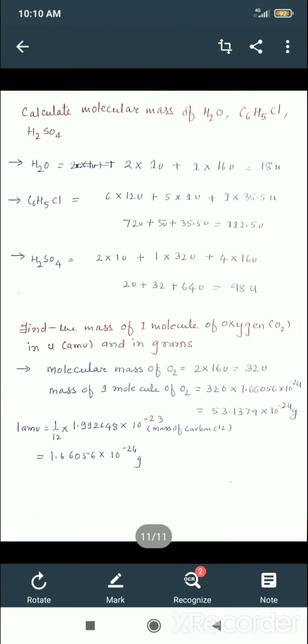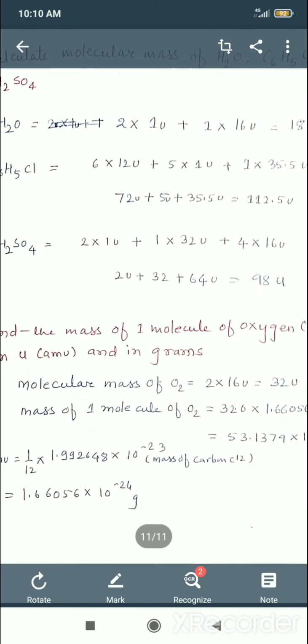Next, you have to find the mass of one molecule of oxygen, in atomic mass units and in grams. The molecular mass of oxygen is 16 into 2, that is 32. The mass of one molecule of O2, how to calculate?